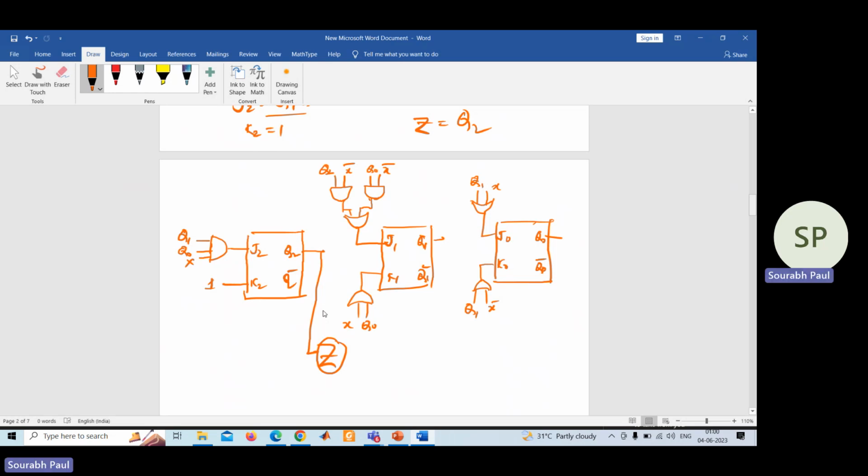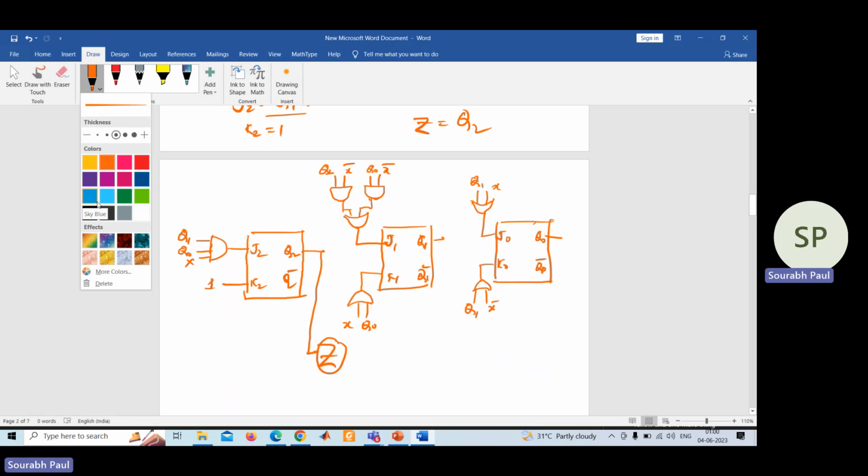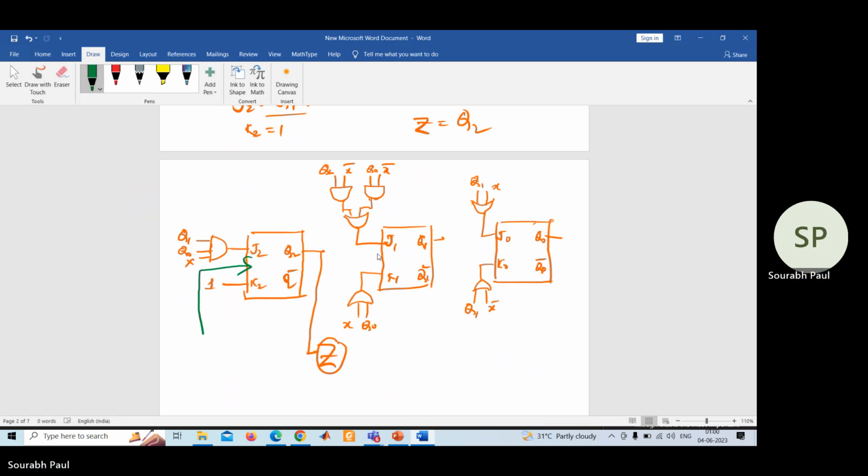So this procedure you need to follow, and one more thing. You have to give a clock to each of the flip-flops. That is the most important thing. Each of the flip-flops has to be given a clock, and they should work simultaneously.